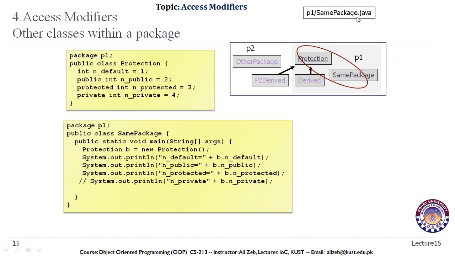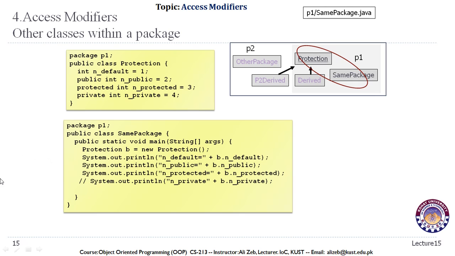They are within the same package p1, but there is no direct relationship between the protection class and the same package class. Now let's look at what can and cannot be accessed from the protection class by the same package class. We have a default access, we have a publicly declared variable, we have a variable that is declared as protected, and we have a variable that is declared as private.